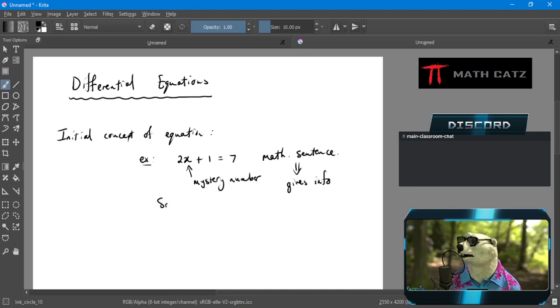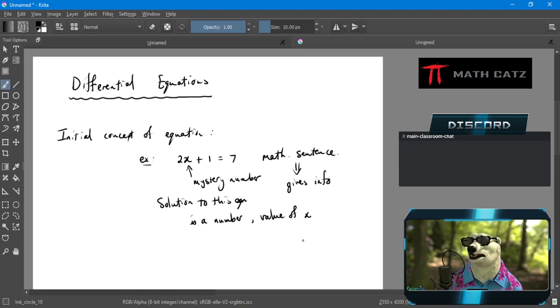And then when we solve it, the solution to this equation is a number. More specifically, the value of x. Now, sure, in some equations, maybe like a quadratic equation, you can have more than one option for what this number is, but it's still a number. So that is what we think of when we think of an equation.